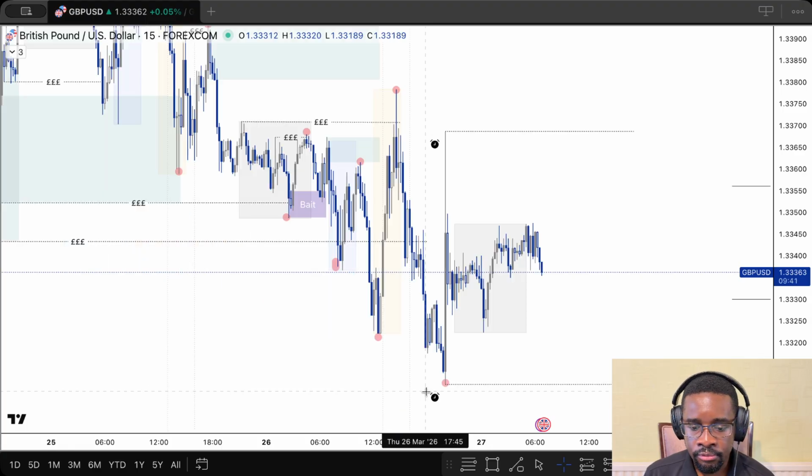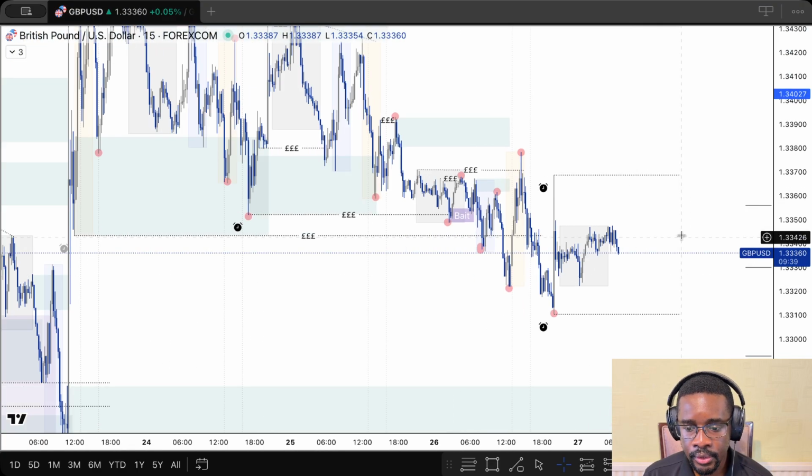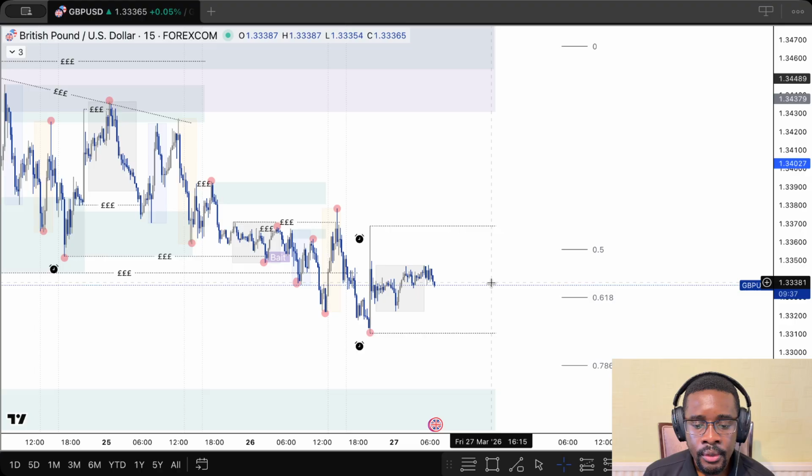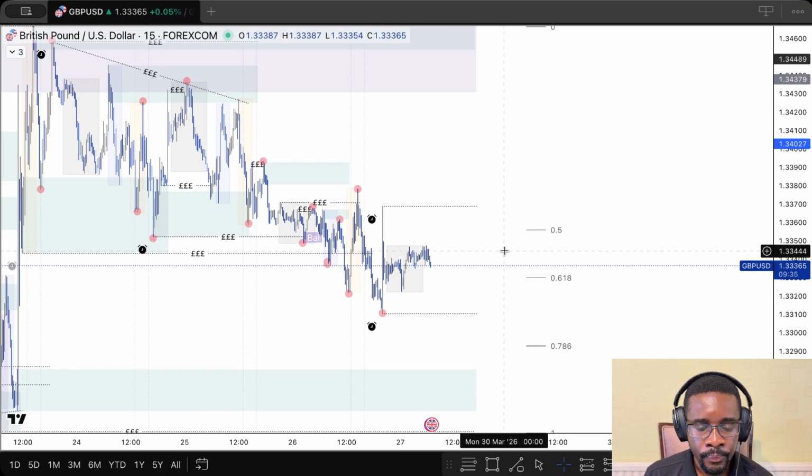Okay, however, just following the order flow, all right, even for the euro USD, just following order flow, okay, you could be biased towards shorts.